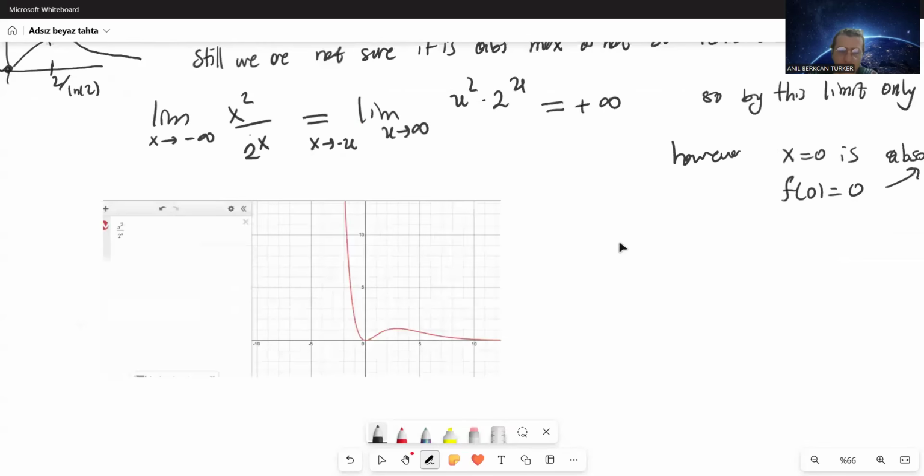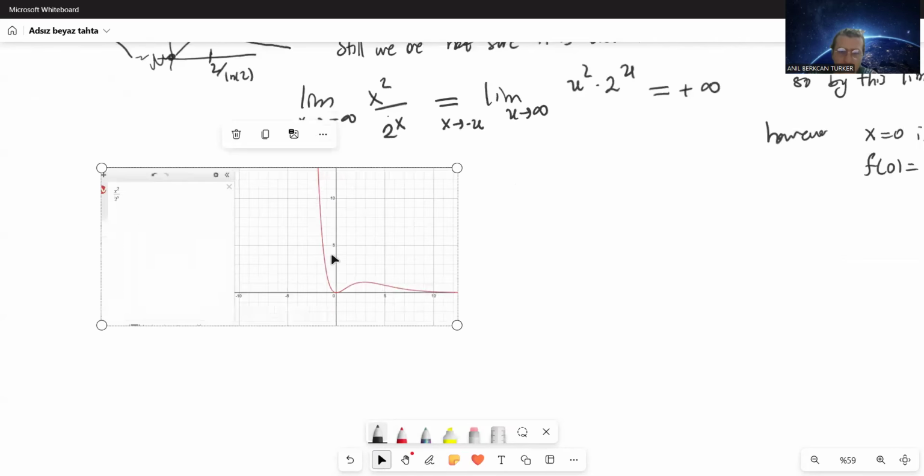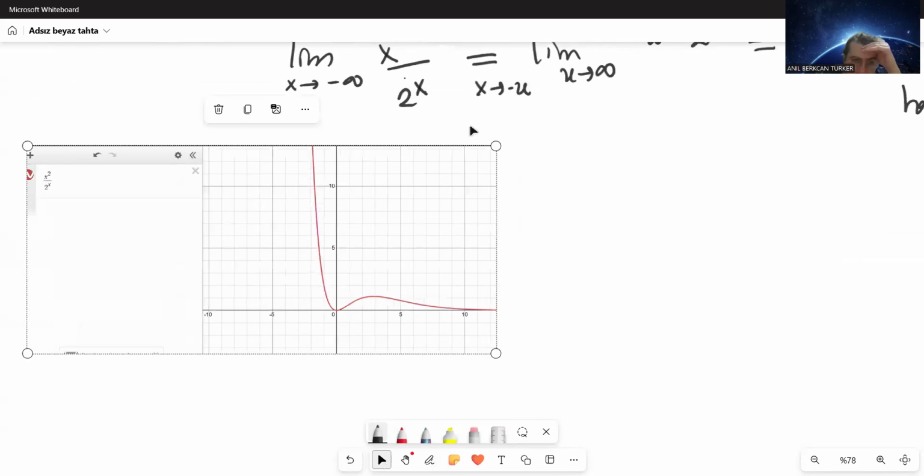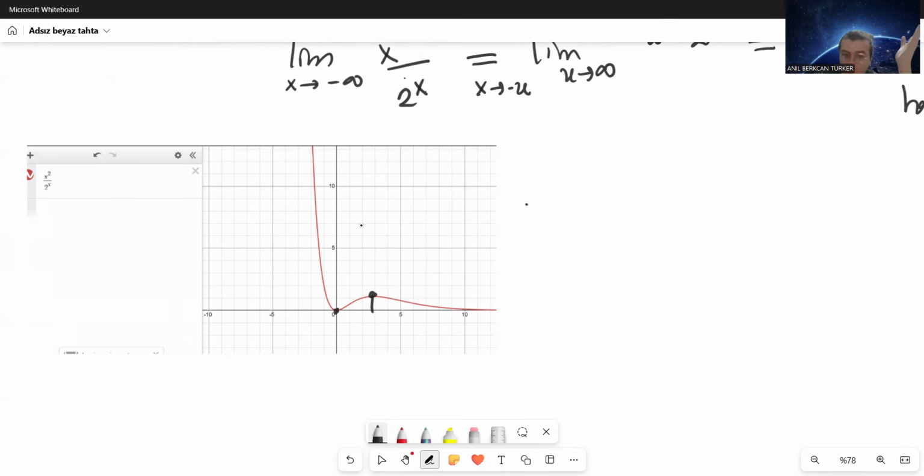So this is my graph. Look at this graph. Like I showed you, there is some local max at this point, 2 over ln 2 or something like that. And this is 0, so this is the absolute minimum, and there's no absolute maximum. Okay, that's the solution.